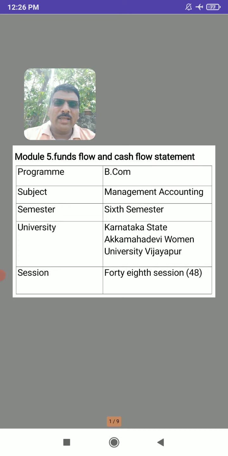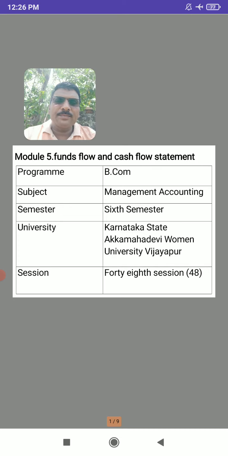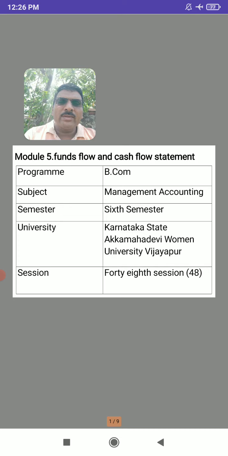So here, in the last three sessions, when we started this chapter, that is the fund flow statement, we have seen in the last session how the four important steps are to be studied for the preparation of the fund flow statement.